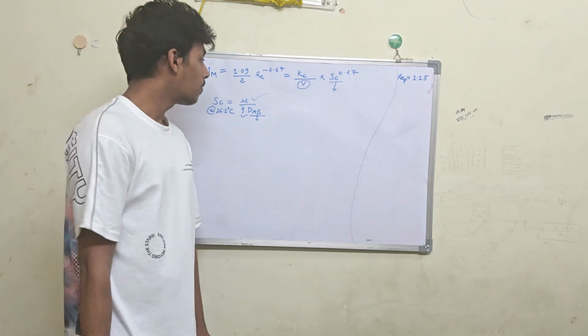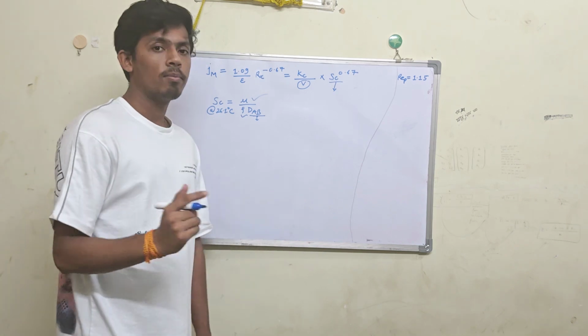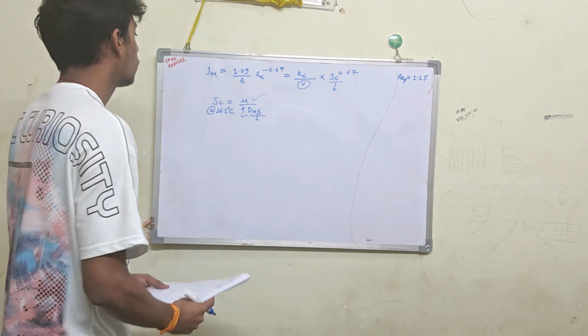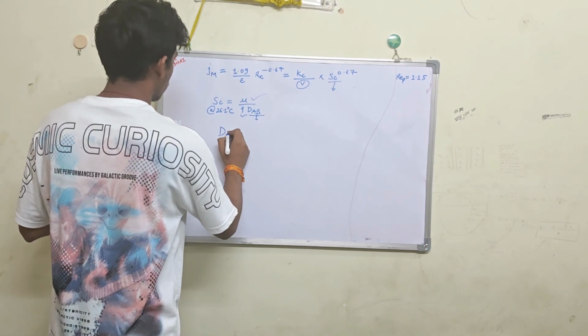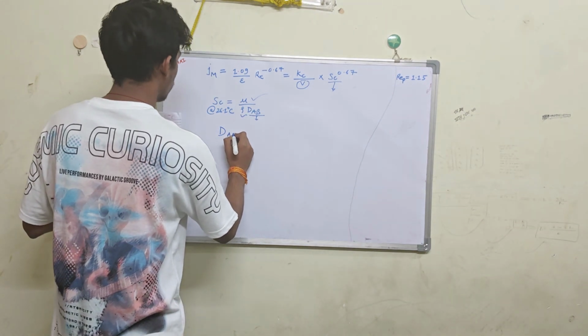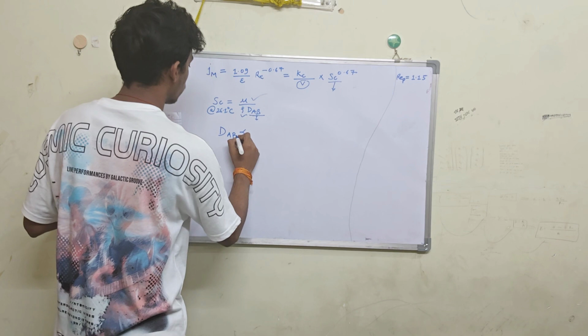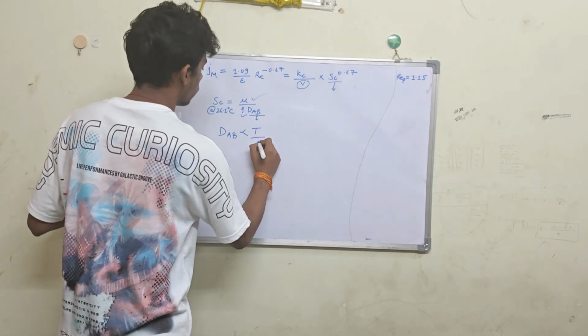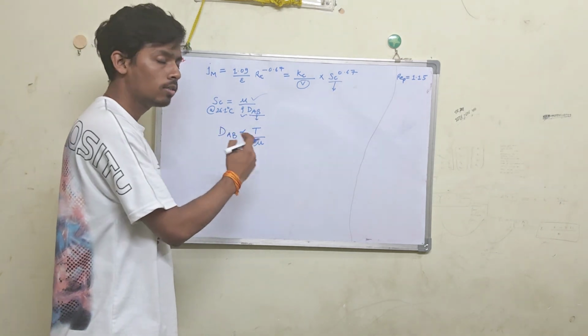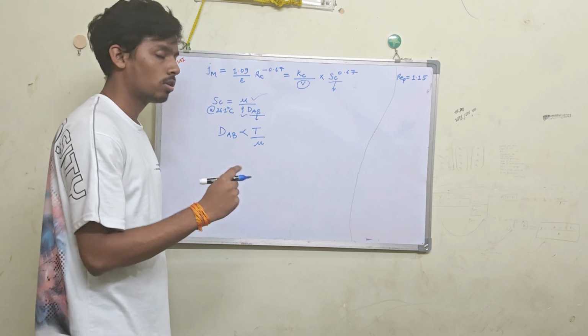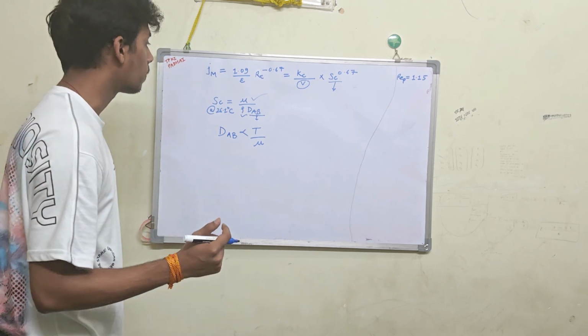But instead the value of DAB at 25 degrees Celsius is given. So we'll use this terminology which says that the diffusivity is directly proportional to temperature and inversely proportional to the viscosity.